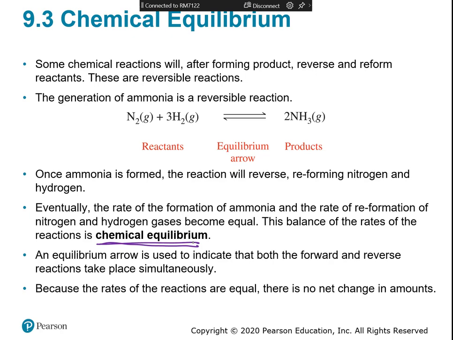This one shows 1 nitrogen plus 3 hydrogens reacts to form 2 NH3s. That's what that balanced equation is telling you, just the number of each. But if I started off with 100 molecules of nitrogen and 100 molecules of hydrogen, they will react and begin to form NH3.